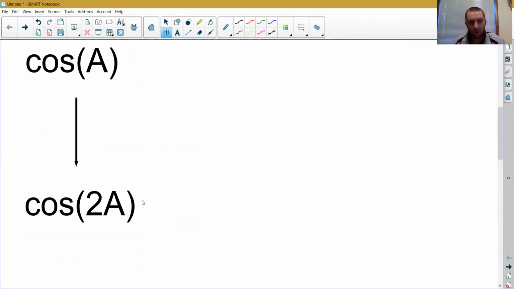But I'm going to start my process. This is now number 105, by the way, and we're going to start by doing exactly what I did before with the sine. I'm going to rewrite the cosine of 2a as the cosine of a plus a again. And then I'm going to use the angle sum formula to rewrite this expression.